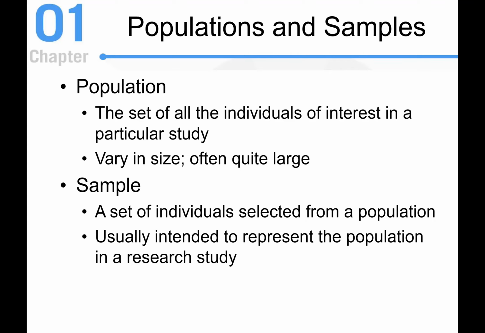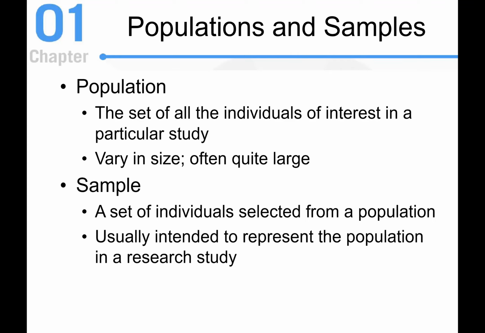They're going to vary in size, and a lot of times they're quite large. So if I say, hey, I'm interested in studying cotton-tailed bunnies, and I want the entire population of cotton-tailed bunnies, well, that could be thousands or millions of cotton-tailed bunny rabbits. So those can be quite large.